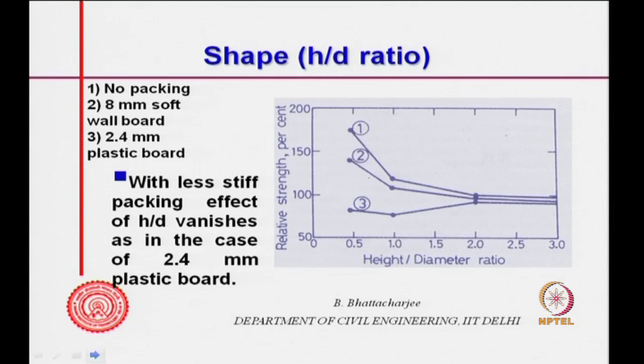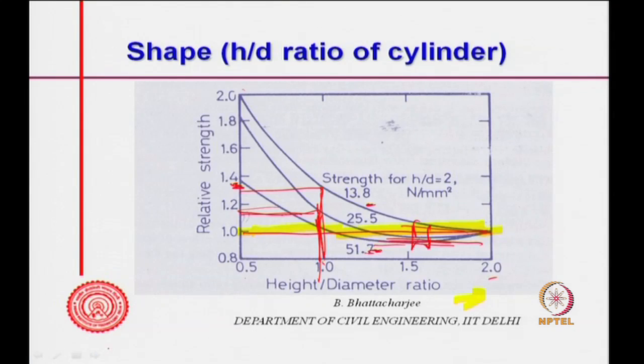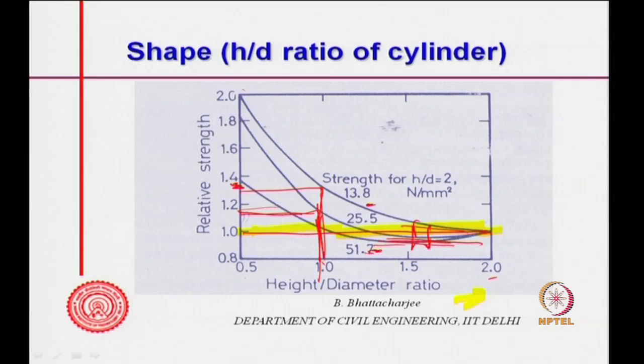That is because of the L by D ratio effect. Similarly, earlier we related this to H by D ratio, now we have changed. We have said that if the H by D ratio is high, platen effect reduces and therefore strength tends to become similar.